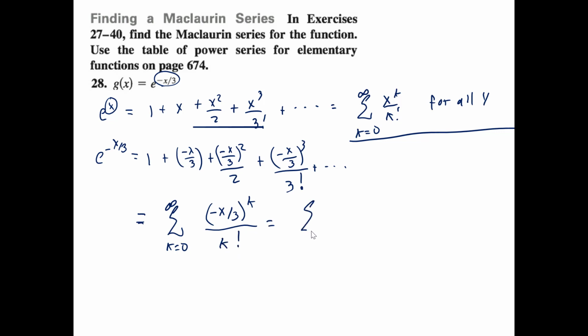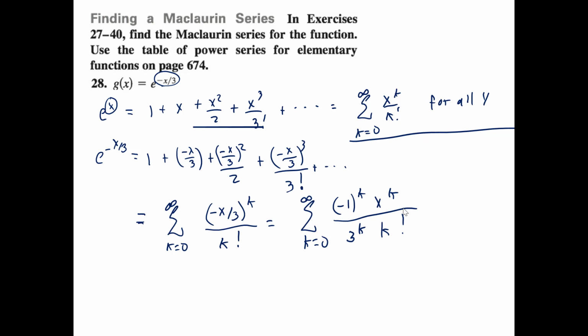And if we wanted to expand that a little bit, we could. This is the summation from k equals 0 to infinity. The negative 1 will go to the k, the x will go to the k, and the 3 will go to the bottom, raised to the k, and then we still have the k factorial on the bottom.